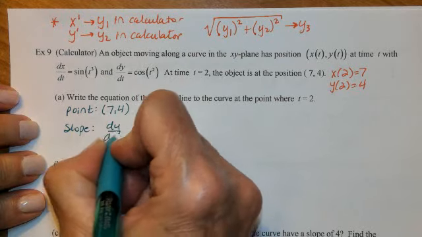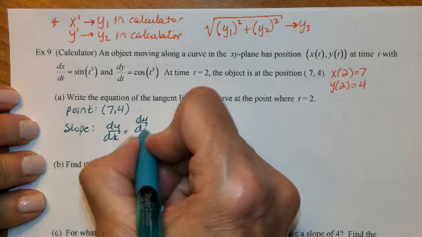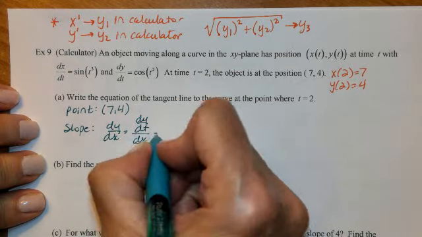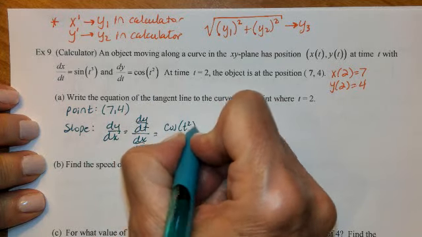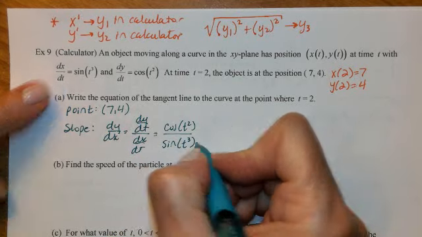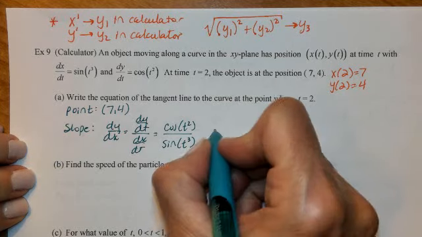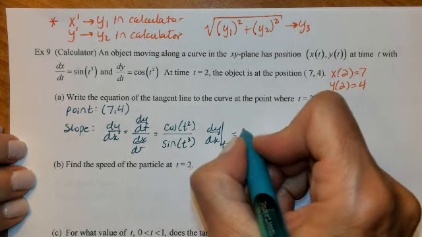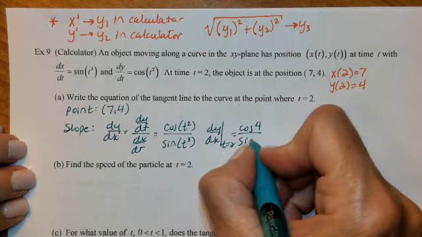That was nice. The slope. Slope is dy dx, right? Which is dy dt divided by dx dt. Dy dt they gave us was cosine of t squared. Dx dt they gave us was sine of t cubed. And now we just want to plug in time is 2. So dy dx at time 2 is equal to cosine of 4 divided by sine of 8.